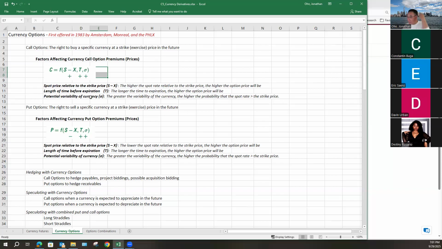Look at this one here. The higher the spot rate relative to the strike price, the higher the option price.